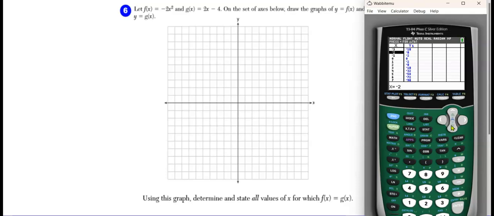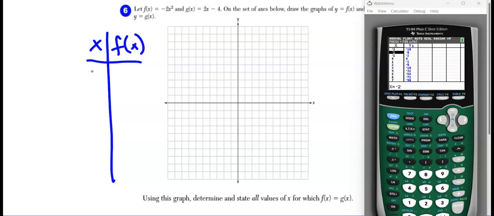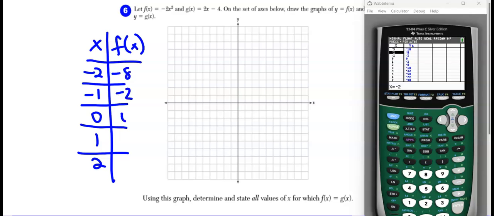So I'm going to start by jotting down my table here so that it has the value starting with the value of negative 2. So my f of x function will go from inputs of negative 2 all the way to positive 2, because positive 3 would also be off the graph. So negative 8, negative 2, 0, negative 2, negative 8.